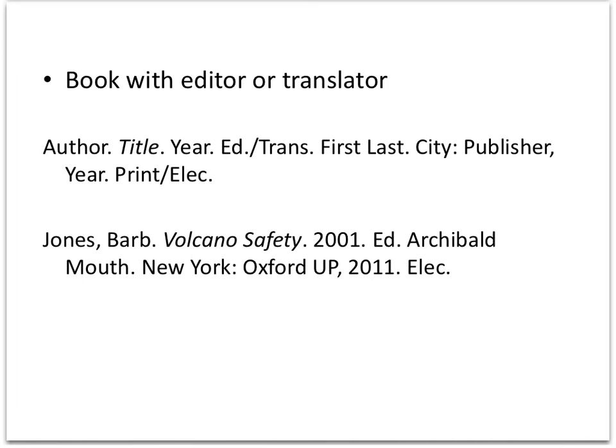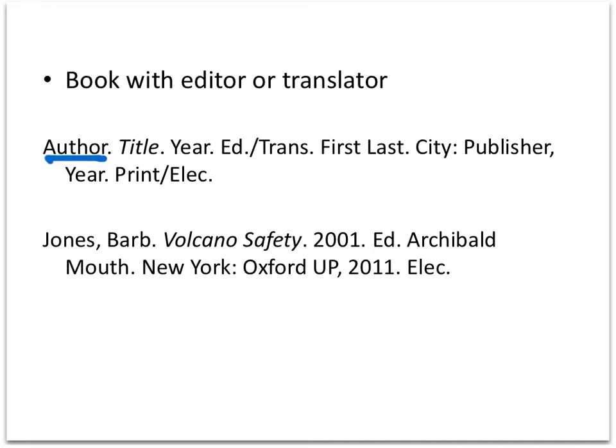Often we'll come across books that have an author but have also been edited or translated. For the most part, there's some similarities and differences between a standard book citation and an edited or translated book citation. So the first thing we need to do is indicate the author of the original book.